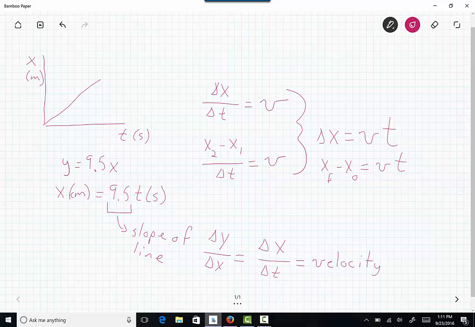Which again means that our final position is equal to our velocity times time plus our initial position. In Lucas's case, that comes back to, again, this equation here. So for Lucas's experiment, our final position is equal to 9.5 times our time plus our initial position, which we know for his was 0. So our 9.5 is in fact our velocity, which means it should have units of centimeters per second.